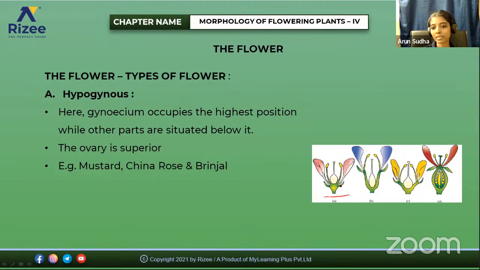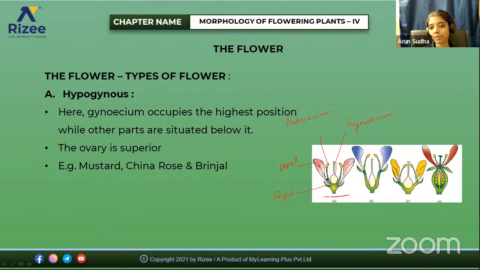So if you see here, what is the position of the gynoecium? This is the sepal, this is the petal, this is the androecium, and this is the gynoecium. What about the position of the gynoecium? It is in the highest position.